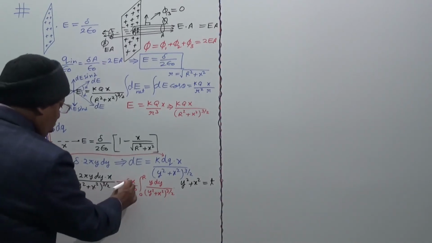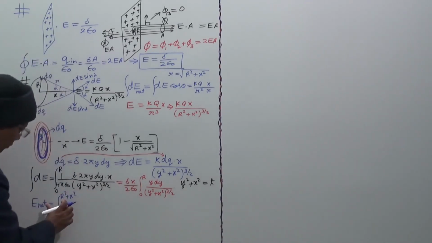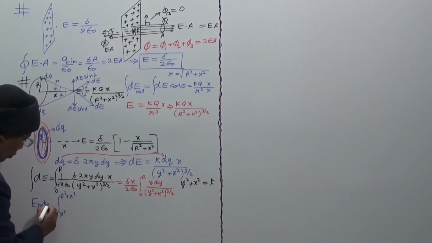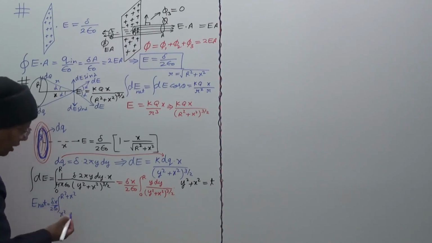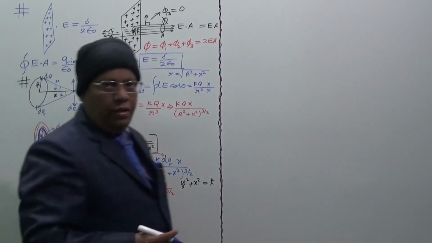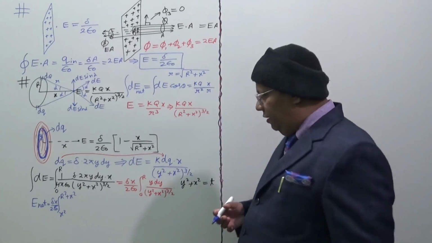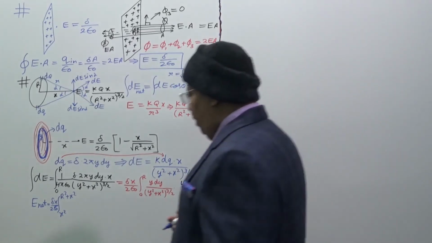Of course, small sigma x upon 2 epsilon naught is before the integral as a constant or common factor.